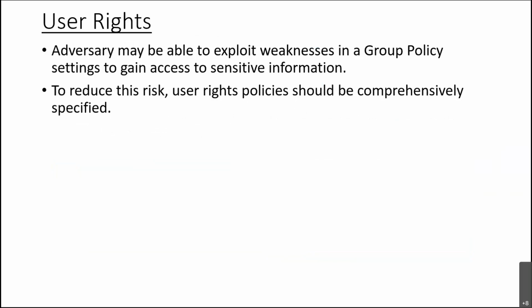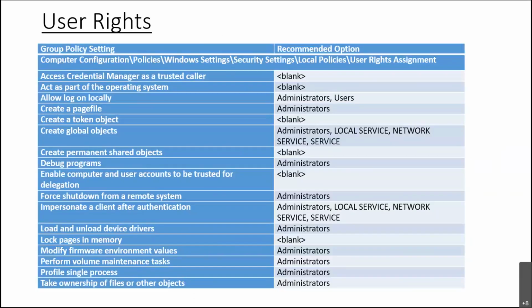Group policies also have some weaknesses. So the user rights policy should be comprehensively specified, which needs to be configured in the group policy. The user rights define who can do what activity: whether logon is allowed for administrators or for users, to whom debugging should be allowed, to whom forced shutdown from a remote system should be allowed, who should modify firmware, and who should have ownership.